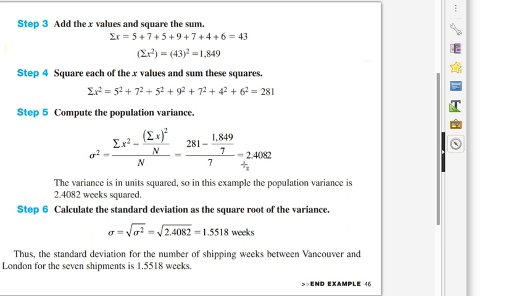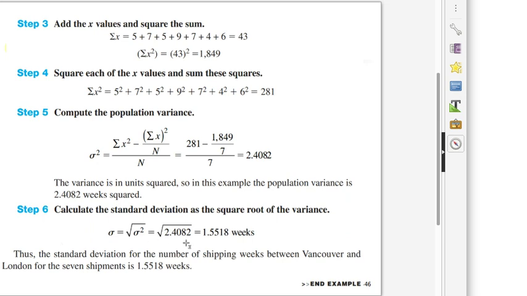The variance is in units squared. So in this example, the population variance is 2.4082 weeks squared.